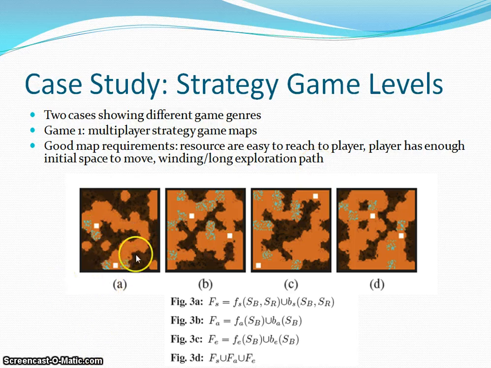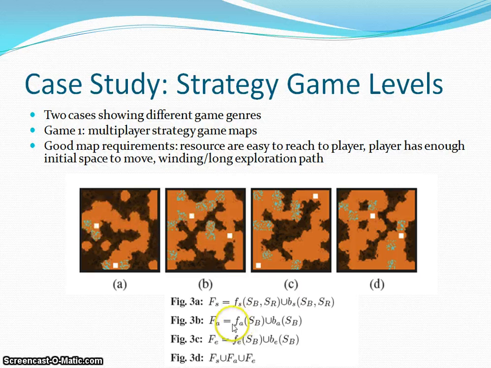Figure A shows that it uses FS, which means the resources are close enough to the player initially. You can see that, but it does not have ample space to move initially, and the exploration path is simple.